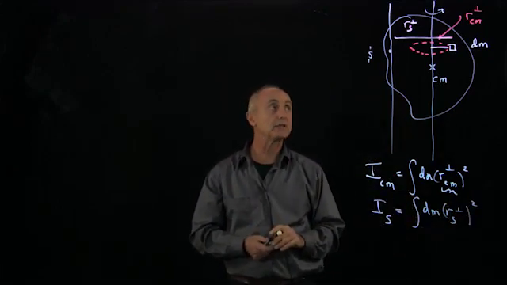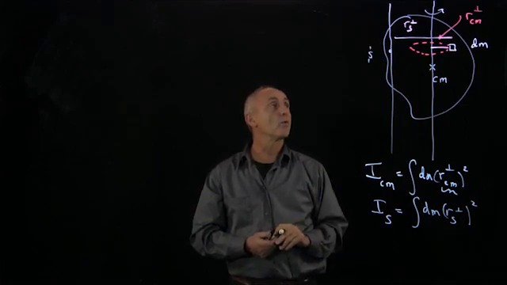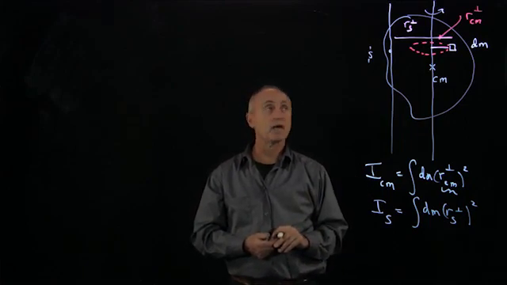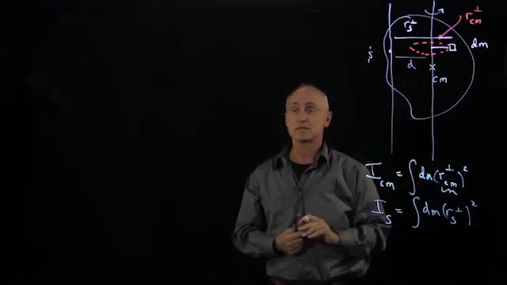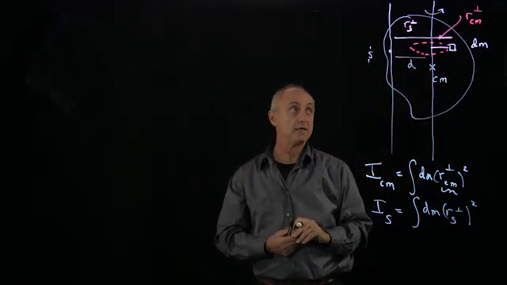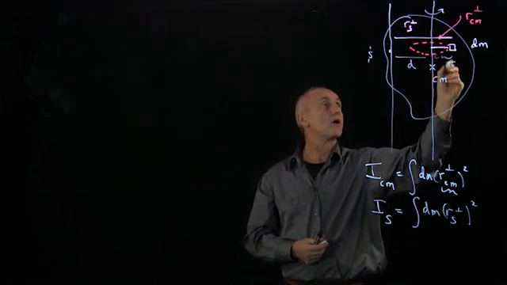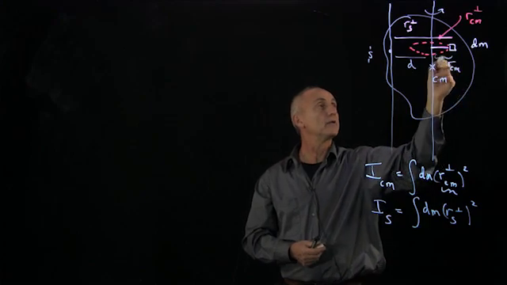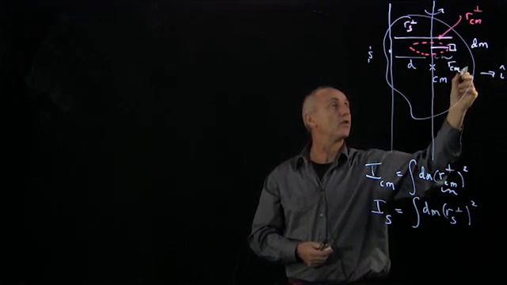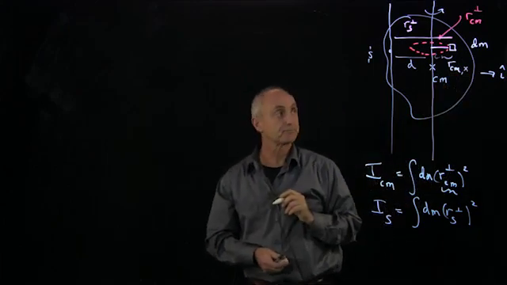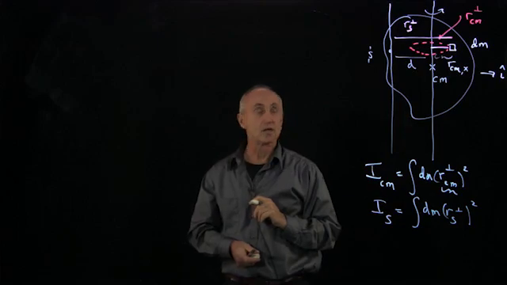Now, how do we relate those perpendicular distances? Well, there's a couple of ways to do it. And notice that the distance between these axes is given by d. And I'm going to call this the distance rcm. Now, let's just call this the x direction. I'll call that x. So how do I relate these distances?